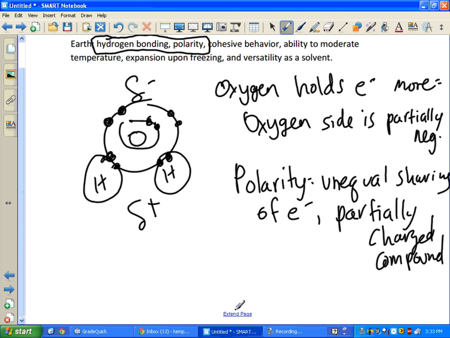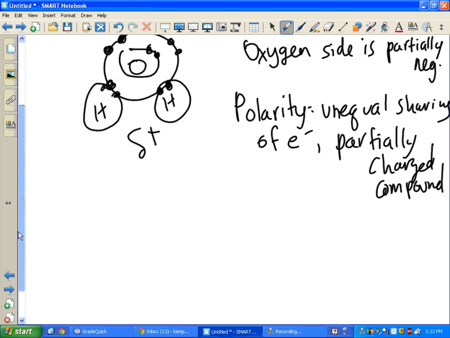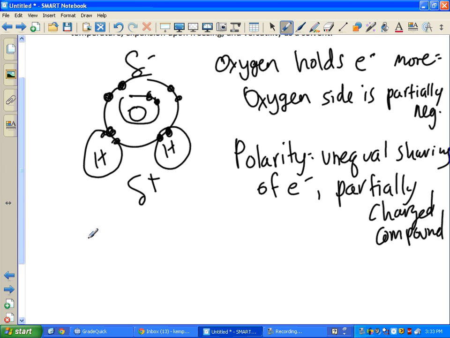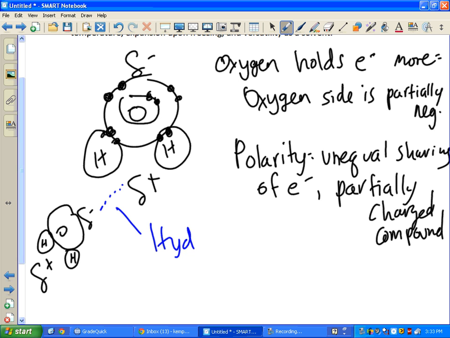Okay, so polarity is important when you start to think about if you had another water molecule. So let's say you had another one right here. It's the hydrogen, oxygen. That would make this the partial positive, this the partial negative. And what you have right here in between the partial positive and the partial negative, that is your hydrogen bond.